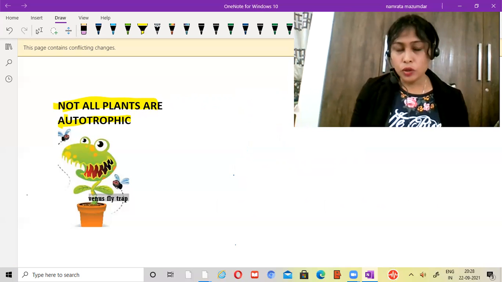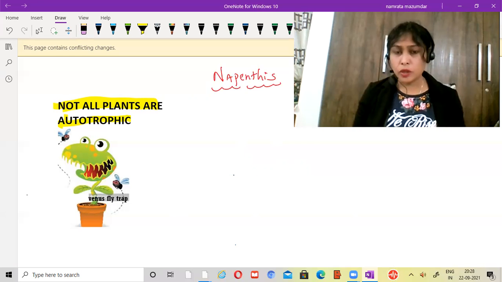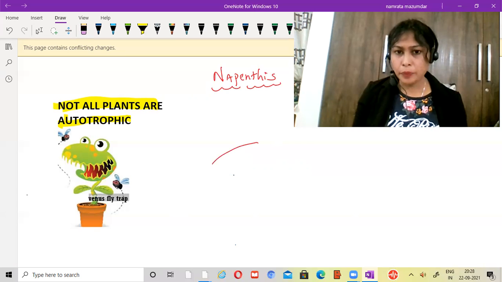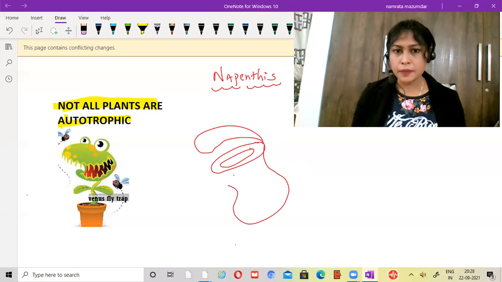When you see such a plant, especially the pitcher plant, it has a broad mouth and a lid, like a flap, so it is very easy to close.